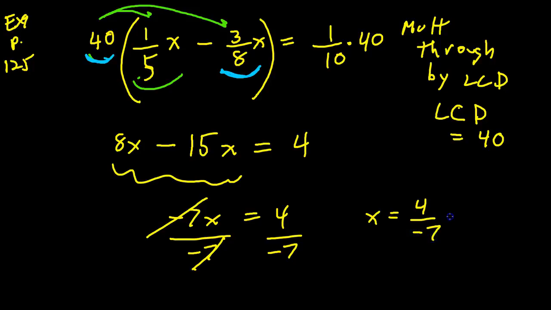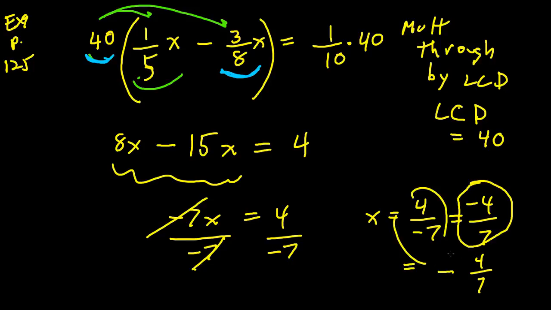Again, I can absorb that negative sign in the numerator or denominator, or also say it's the negative of 4/7, bringing that negative sign outside the division process. I think our textbook and most students would probably agree that may be the preferred way to indicate the correct answer, but all three of these are acceptable and wonderful answers.